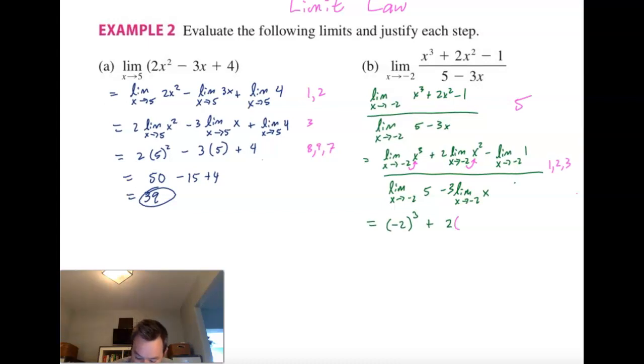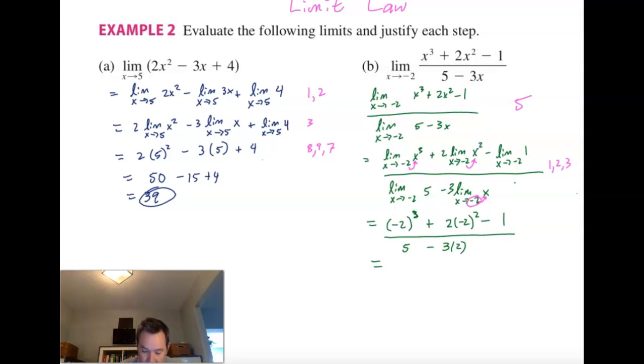So 2 times negative 2 squared minus, then the last one is a constant, and the limit of a constant is that constant. Same thing in the denominator, the limit of a constant is a constant, so this is 5 minus 3 times, we have that limit law that says if your function is x, you can just substitute the limiting value in right there, so 3 times 2.